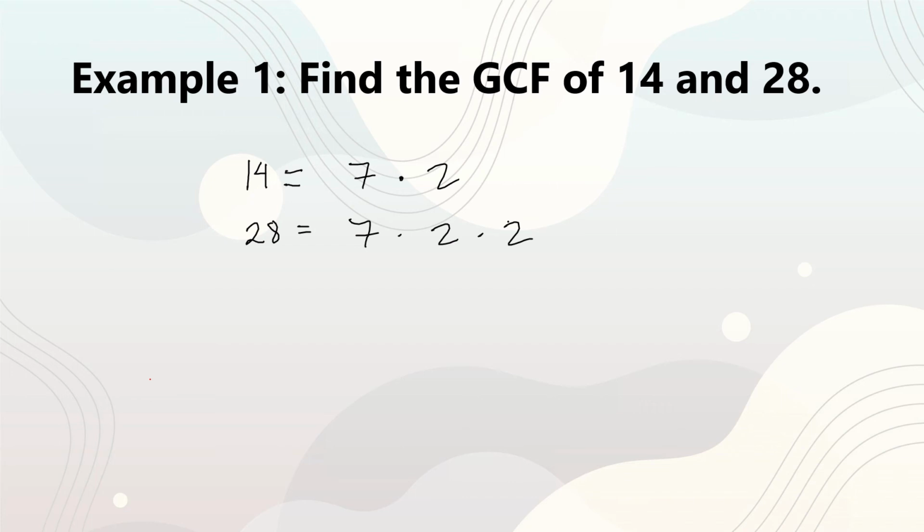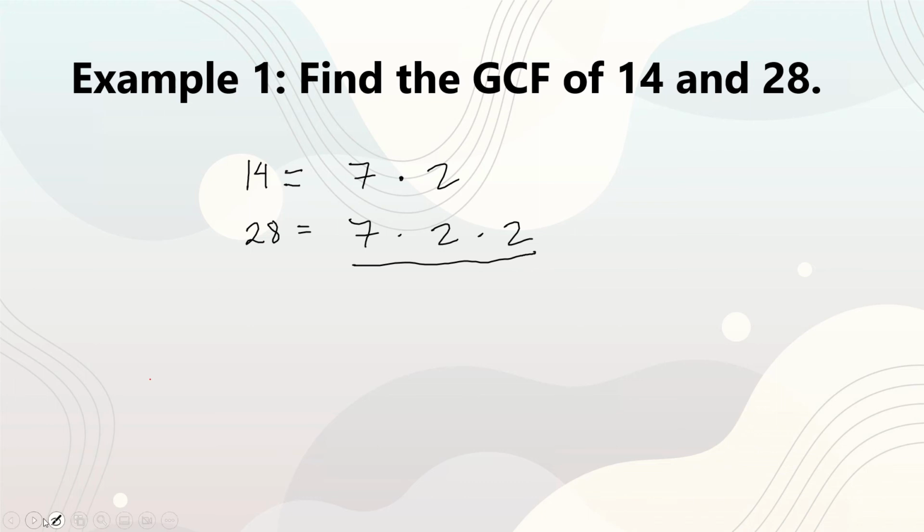When we say prime, these are numbers that can be divided only by itself and 1. Notice that 7 is just 7 divided by 7 or 7 divided by 1. Same with 2, 2 divided by 2 or 2 divided by 1. So these are prime factors. After you find the prime factorization of each number, you just take their common prime factors.